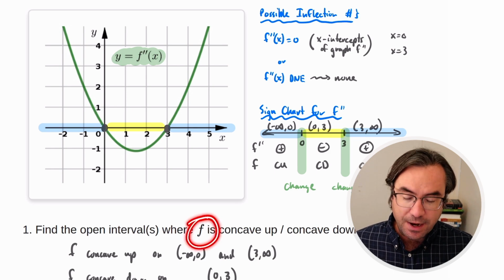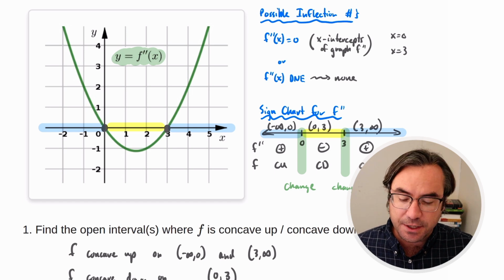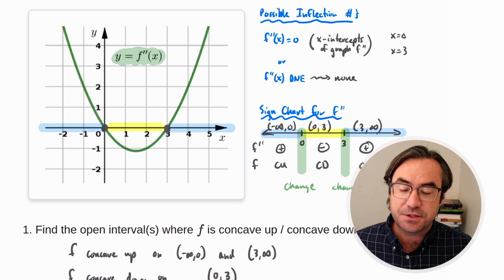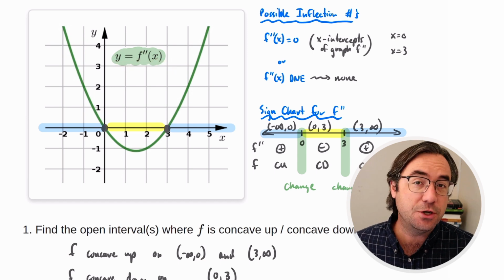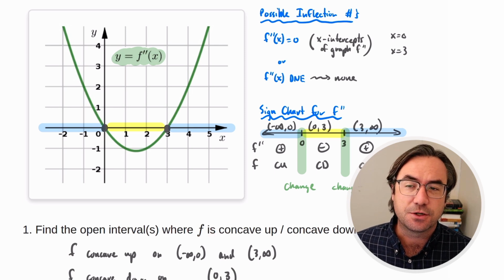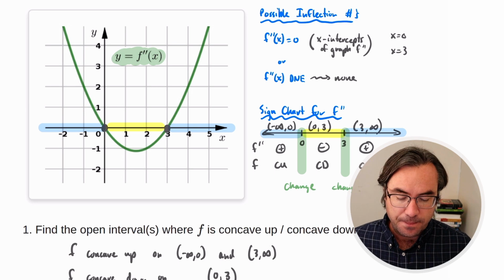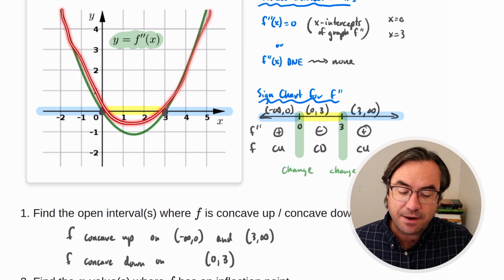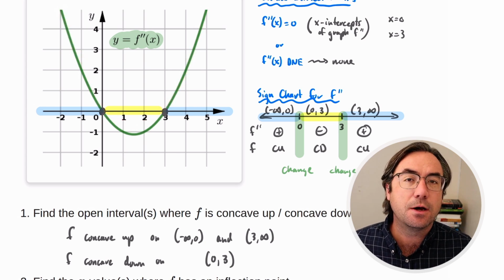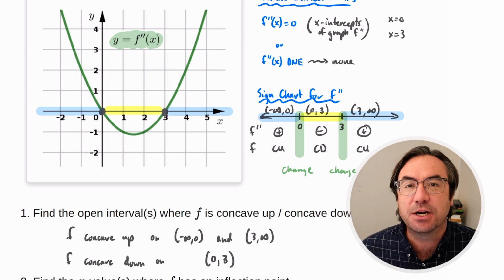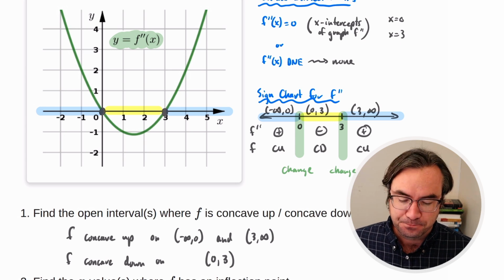So we don't have the graph of that original function. What we're doing is we're interpreting the graph of this second derivative to see what information we do have about this second derivative. What does it tell us about the original function? So the answers that we're getting here are not about the graph that we're looking at. They're about some unknown graph that we don't have. We're trying to kind of extract as much information as we can.